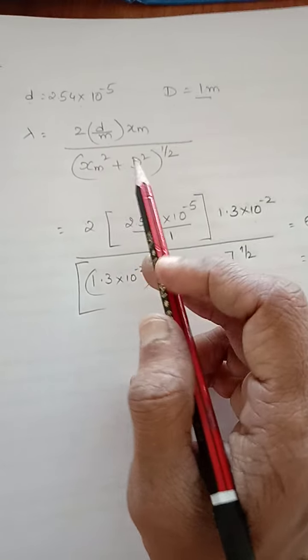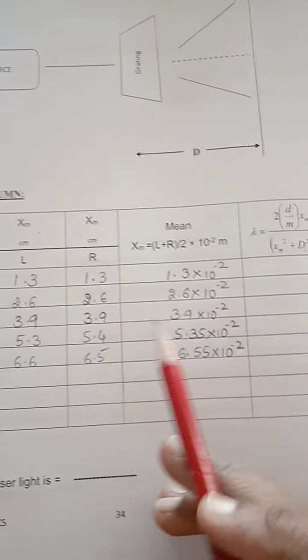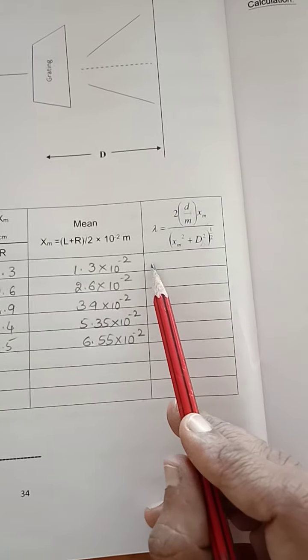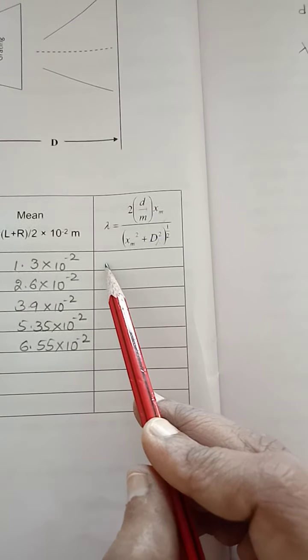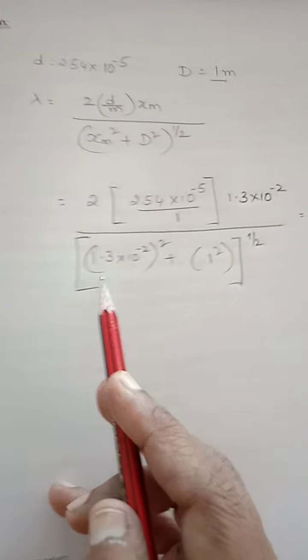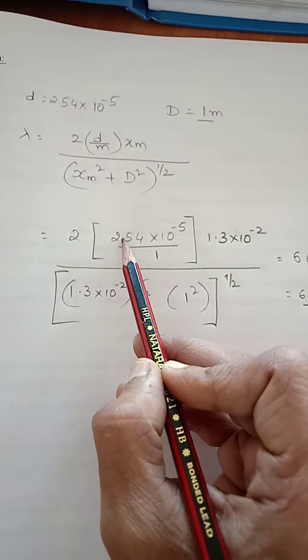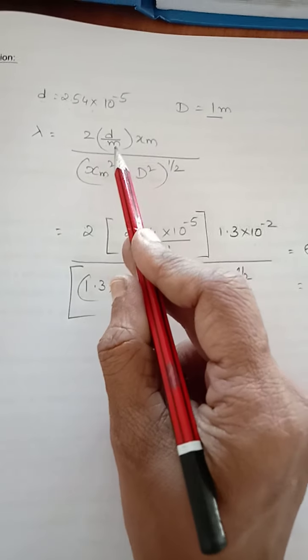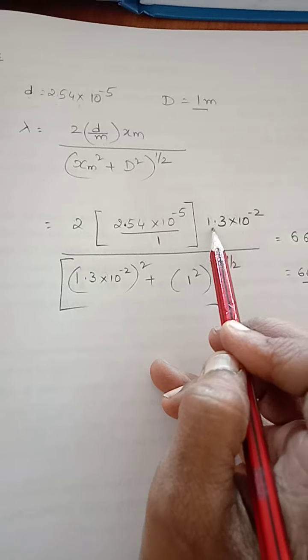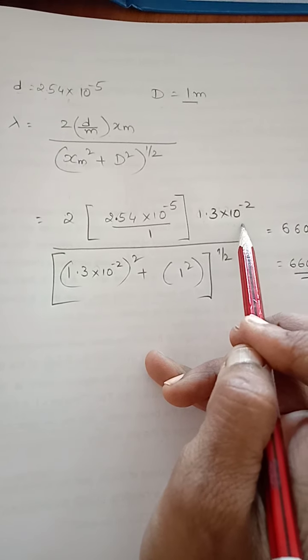Now here we are doing it for the first order. For the first order we are going to calculate the wavelength lambda using the diffraction element. So m should be taken as 1 in this case. Now substitute the values here. The grating constant d, m value is 1 for the first order, and Xm we have got as 1.3 into 10 to the power of minus 2.